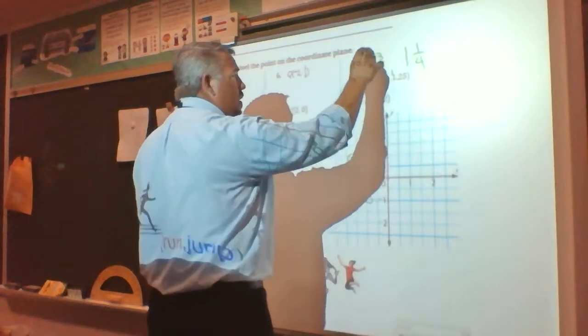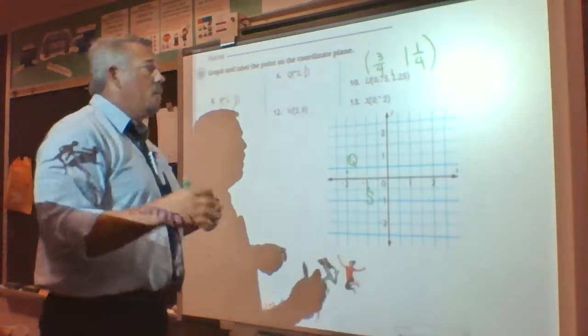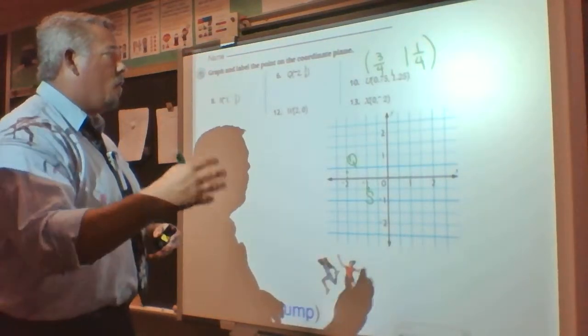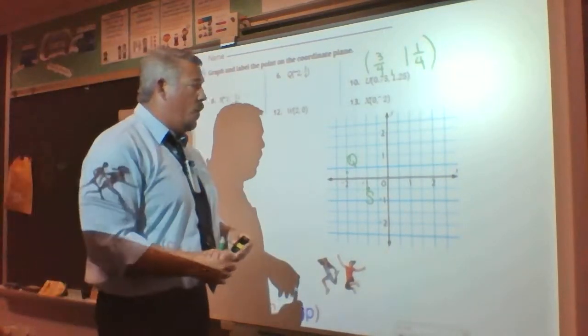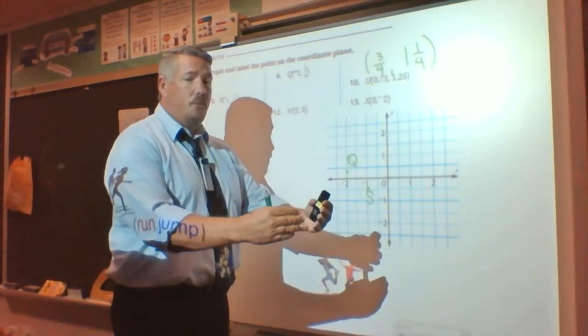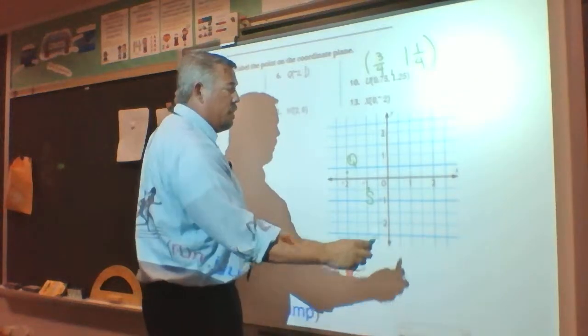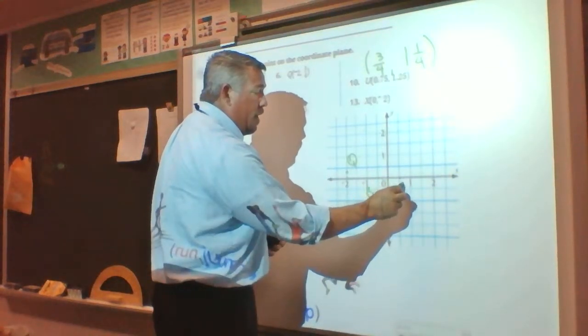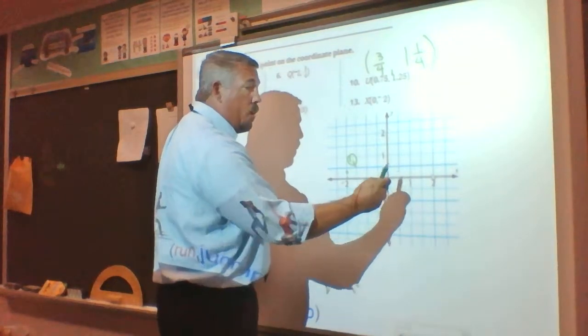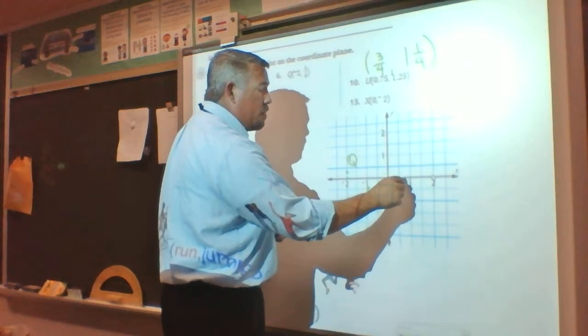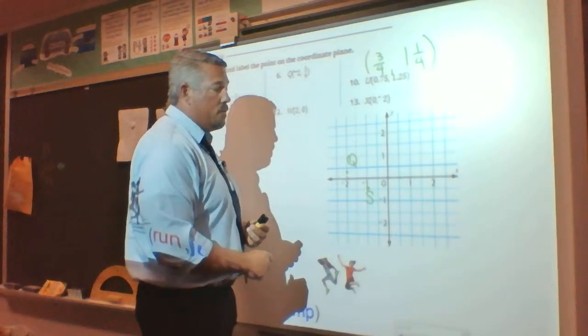They're both positive, so my ordered pair could be 3/4 and 1 and 1/4. Still going to plot my x first, so it tells me 3/4. I'm going to run forward since it's positive, halfway, and then halfway between 0.5 and 1 is going to be my positive 3/4.